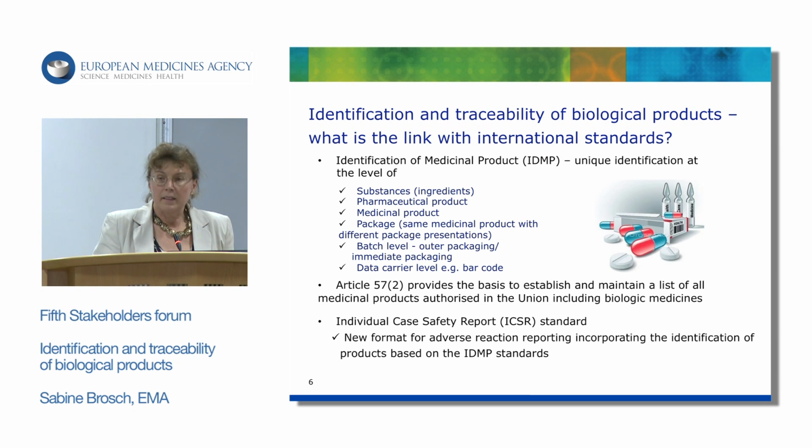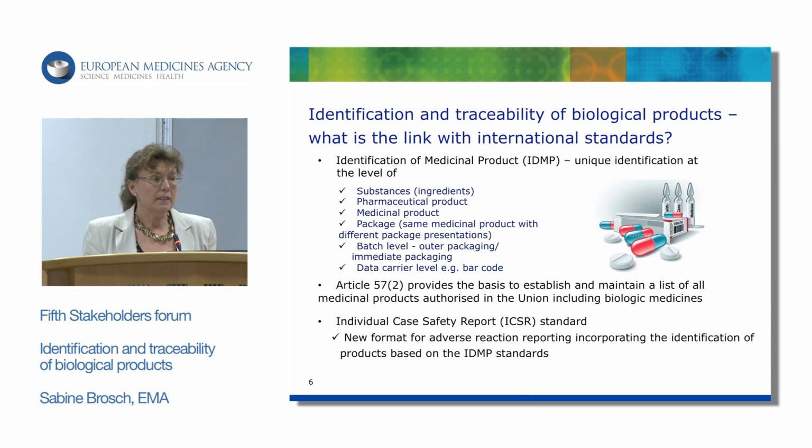From this identification perspective, there is also another important provision in the legislation, which was also mentioned already in several presentations today, and that is the link to the provisions of Article 57, paragraph 2 of the new legislation, where again, the legislation has empowered the agency to establish and maintain a list of all medicinal products authorized in the Union, which includes, of course, also biological medicinal products.